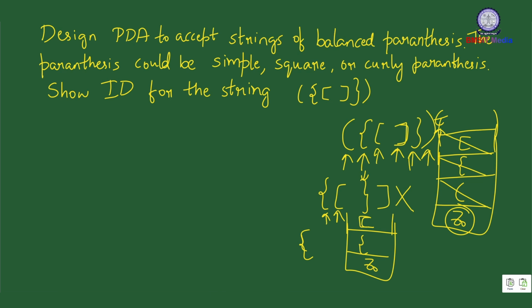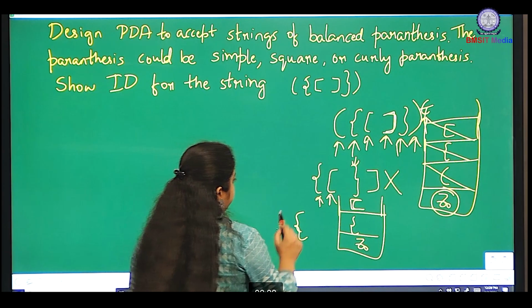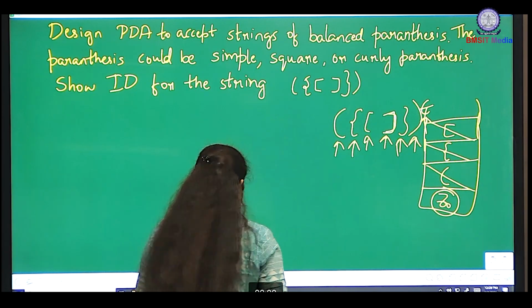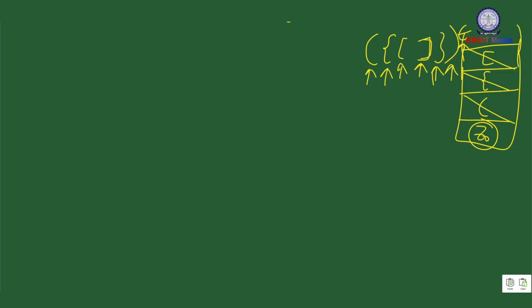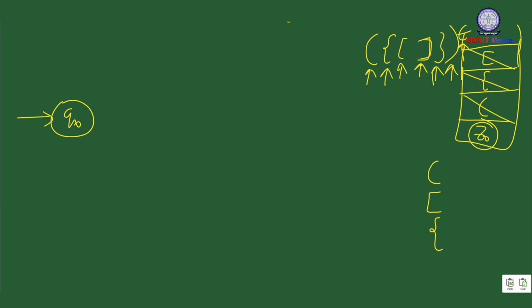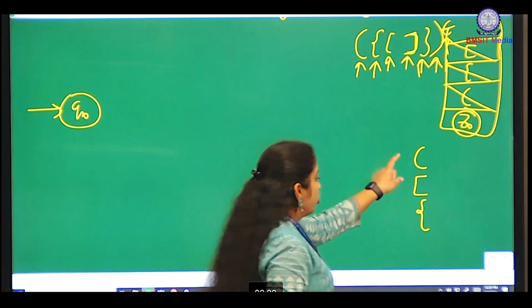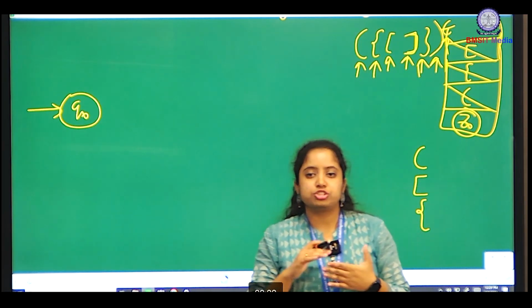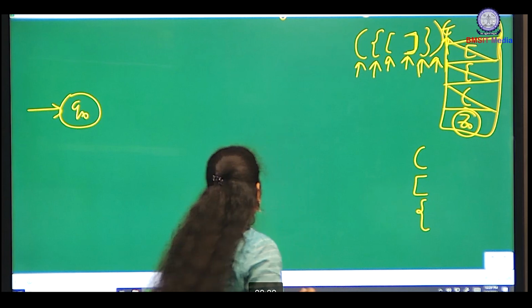So, we will look into how to design the PDA for the same. We will start with the state Q0. Now, we can have open simple, open square, or open curly as the first input symbol. We will accept all of these and push them onto the stack. As I said, for an open parenthesis, you just need to push it onto the stack.